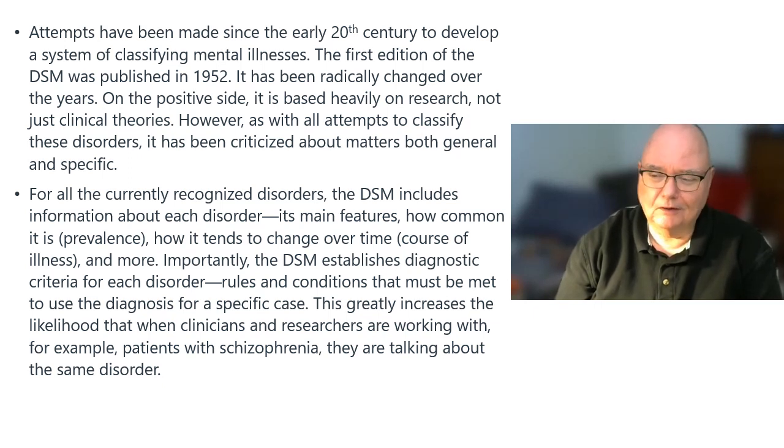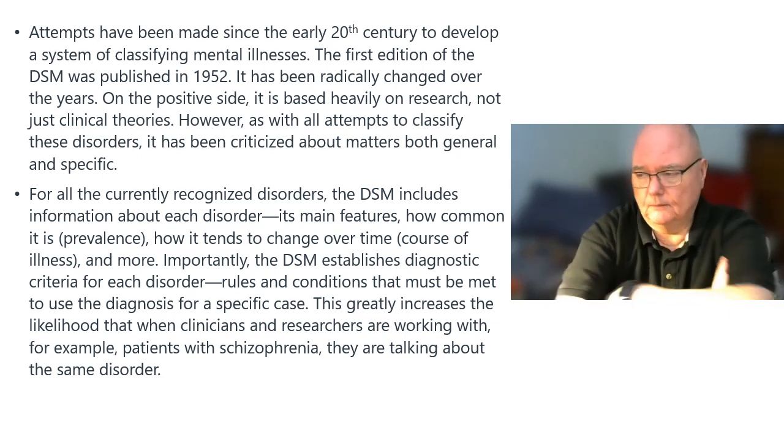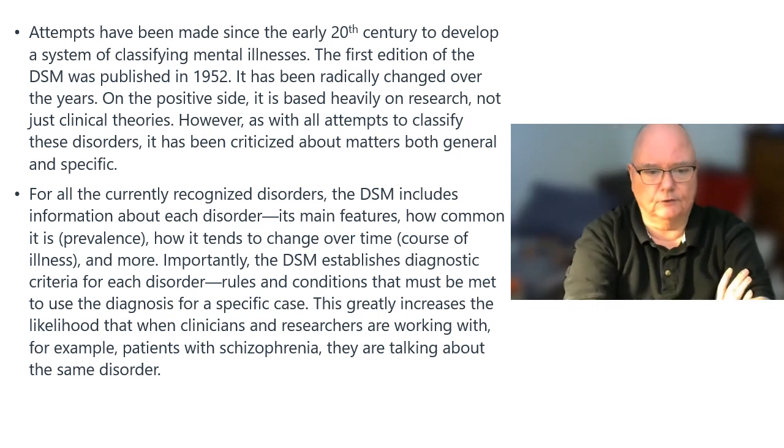Somebody who has major depression is not going to look exactly the same, behave the same, or have exactly the same symptoms as another person with major depression. But we do see enough commonality in the symptoms and in the way those disorders respond to treatment that it's good that we have a way to compare and figure out what's common among people. And that's what the DSM is trying to do.